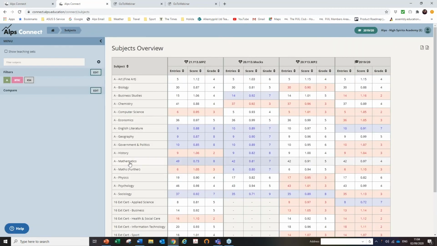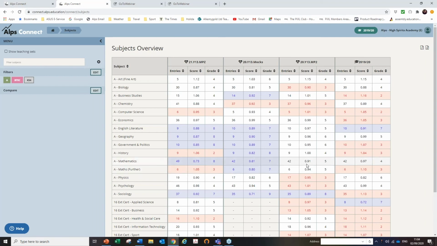The other one we looked at earlier, maths, is actually rather different because maths began the year very bleakly with a grade 8. The mocks were pretty much a disaster, as they were for some others, but big cohort. By MP2, they were beginning to think, well, actually, we can do a bit better than that.